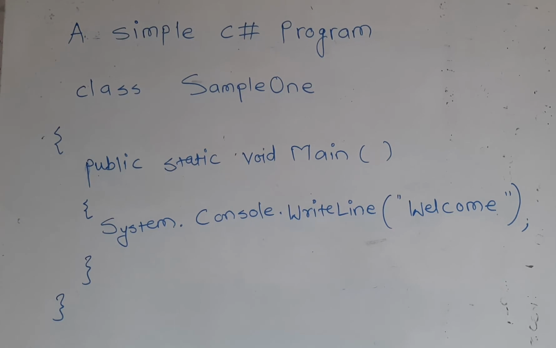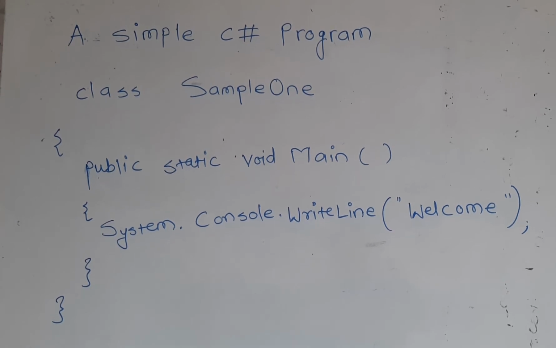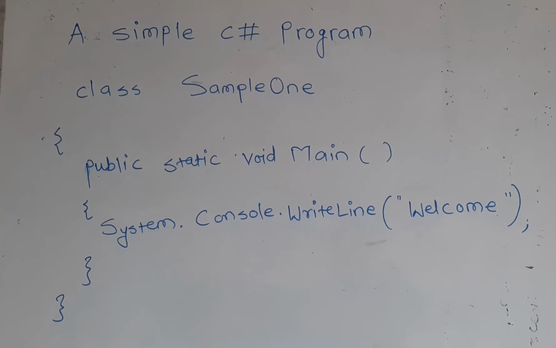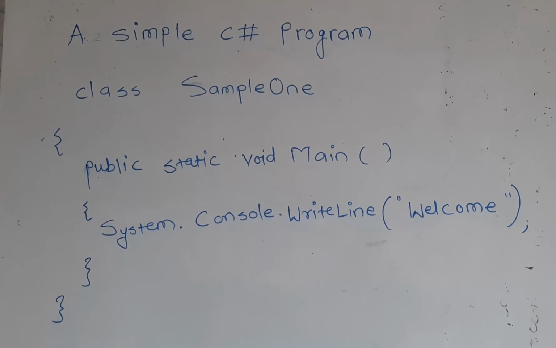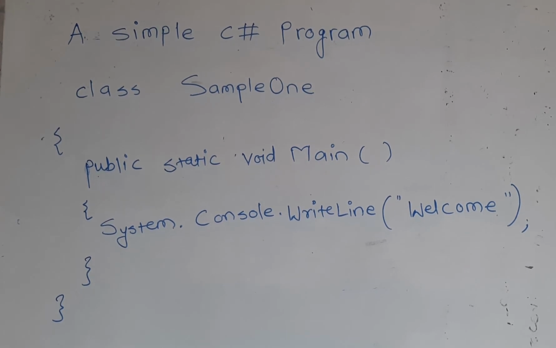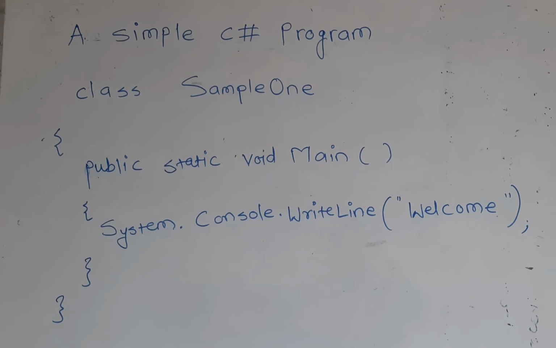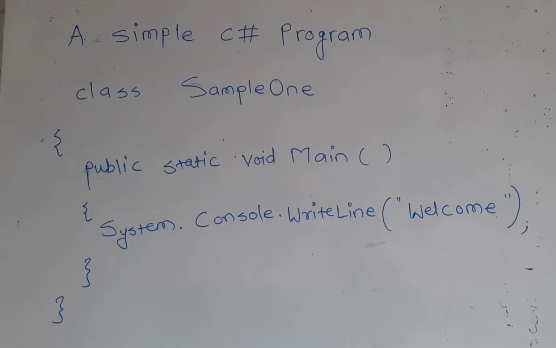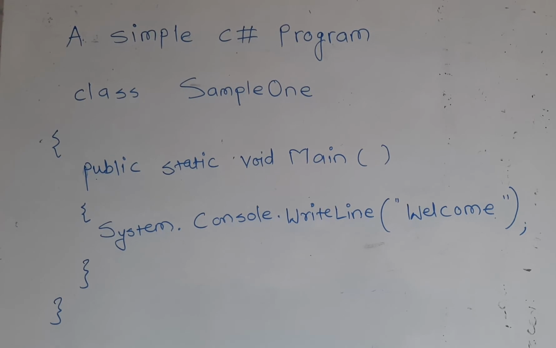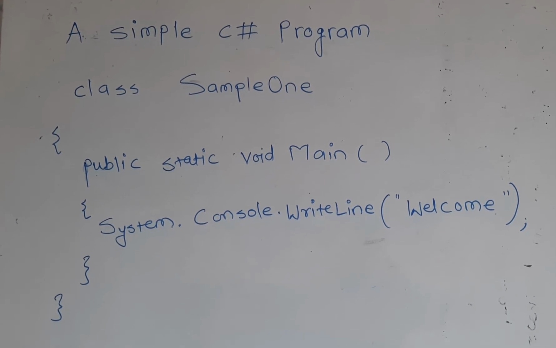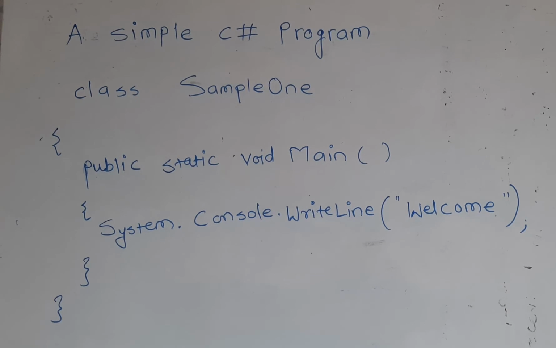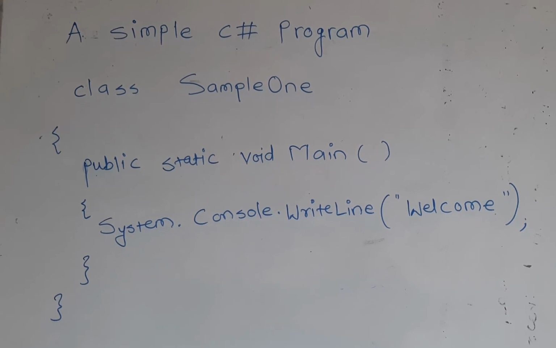Now the next statement, public static void Main. This statement is somewhat similar to the Java statement. Here public is an access specifier which indicates that this method is publicly available to all methods in the program. Static indicates that the Main method is a static method and there is no need to use an object to call this Main method.